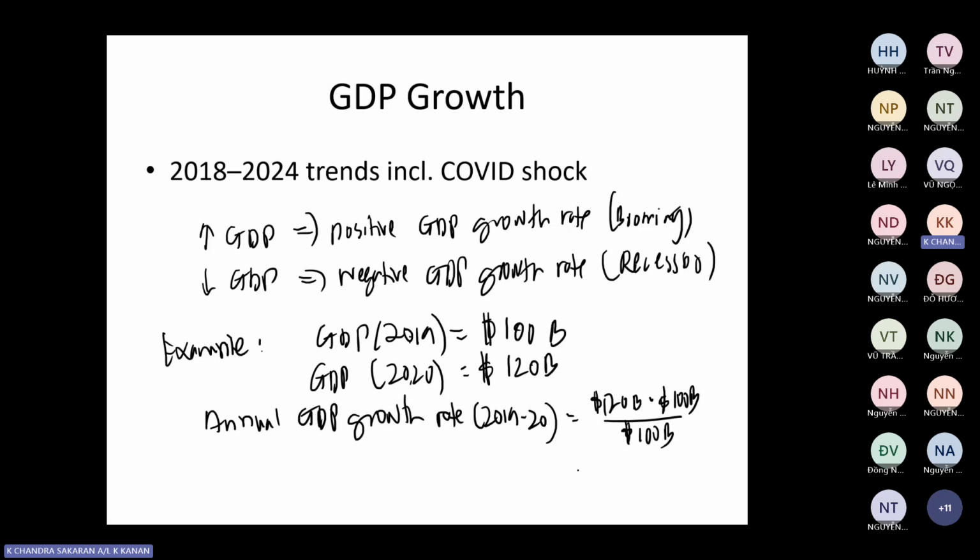Annual GDP growth rate, what do you get? 20 over 100 billion, all that cancels, times 100. It's 20%. That means from 2019 to 2020 is positive 20%. That means it is growing.